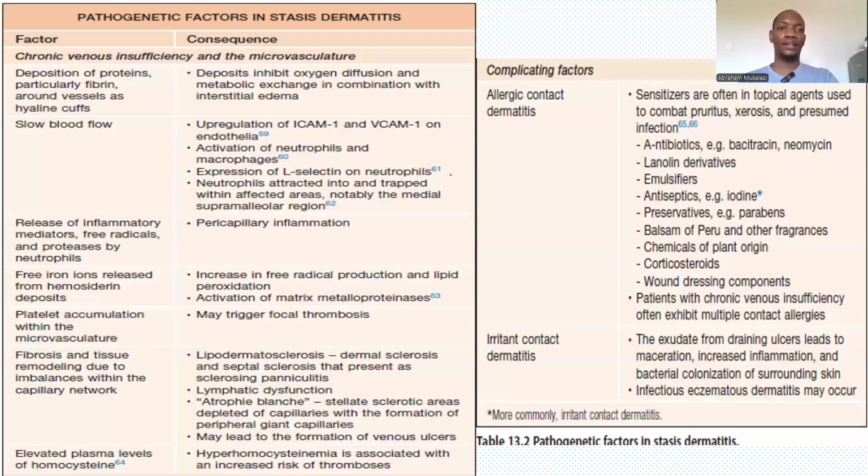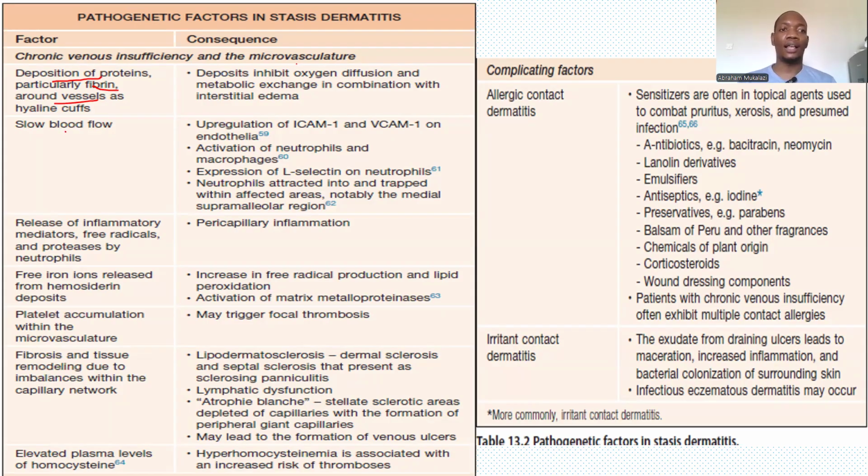So if you are to look at the pathogenic factors here in stasis dermatitis, this table tries to summarize them for you. You will find that you have chronic venous insufficiency, and then also the microvasculature. So in this case, you'll have deposition of proteins, particularly fibrin, and this will be deposited around blood vessels.